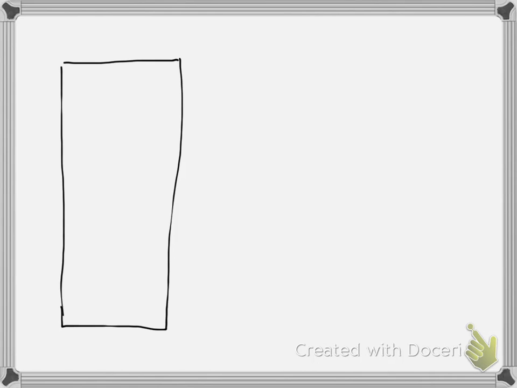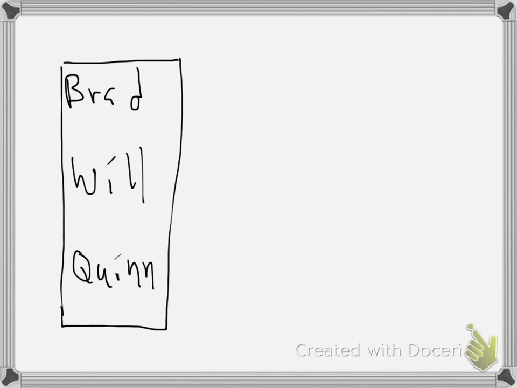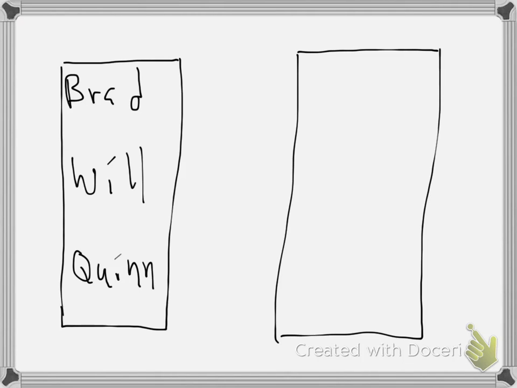All right, take a look at a mapping. Let's say that this time we had Brad, and who else could we have? We could have Will, and we could have Quinn. That could be our domain, and our range might be, I don't know, their favorite musical artist, Miley Cyrus.